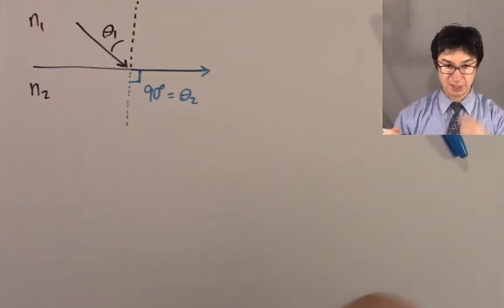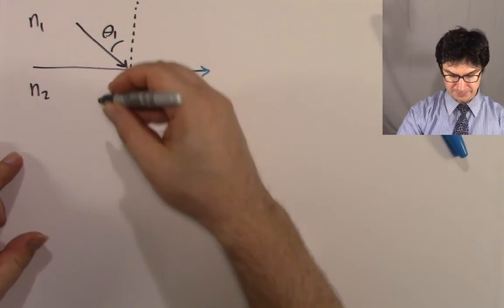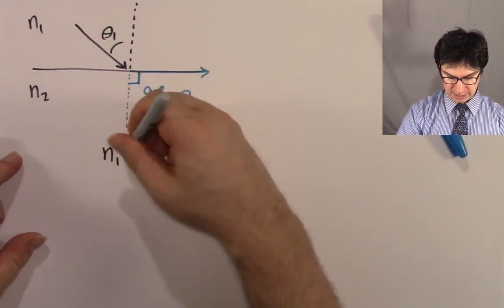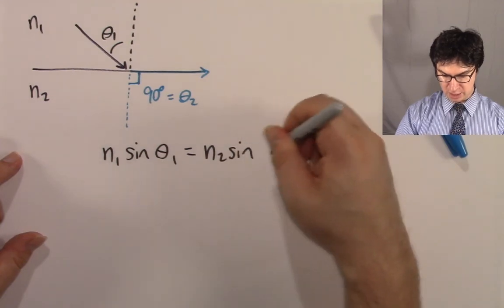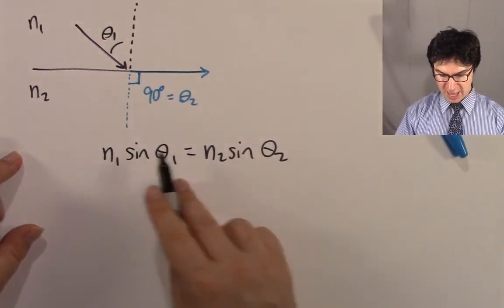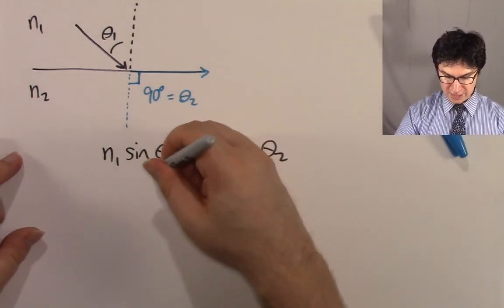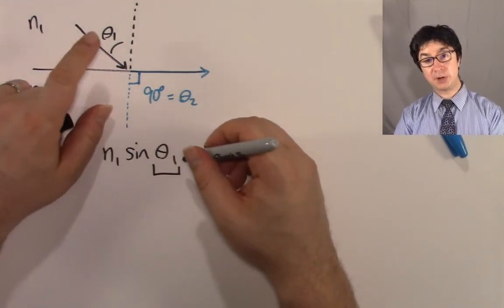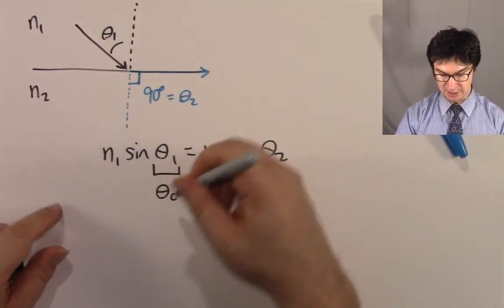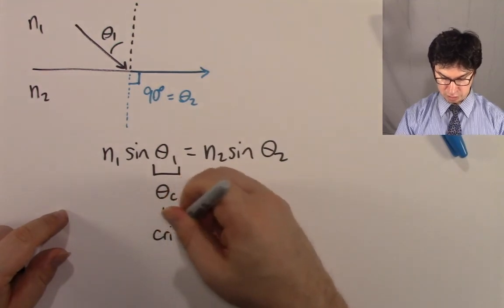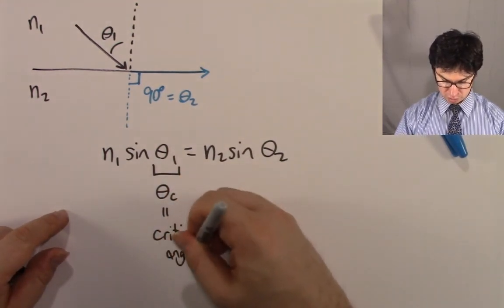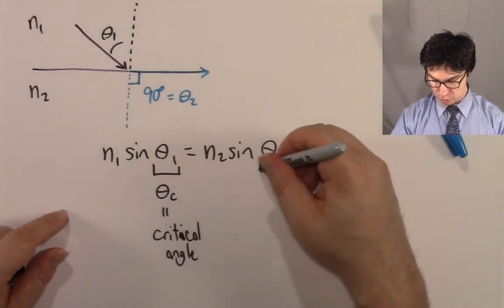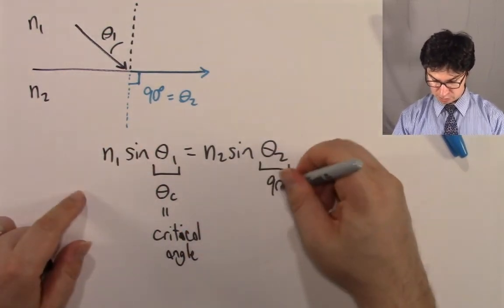So we're going to find the angle where we're going to achieve a 90 degree refracted angle. Okay? So when we set up Snell's law here, we're going to say, okay, the N1 times the sine of theta 1 is going to equal N2 times the sine of theta 2. And what we're going to do is we're going to say, okay, this theta 1 is now going to be our critical angle. This is going to be theta C. And then this theta 2 is going to be 90 degrees.